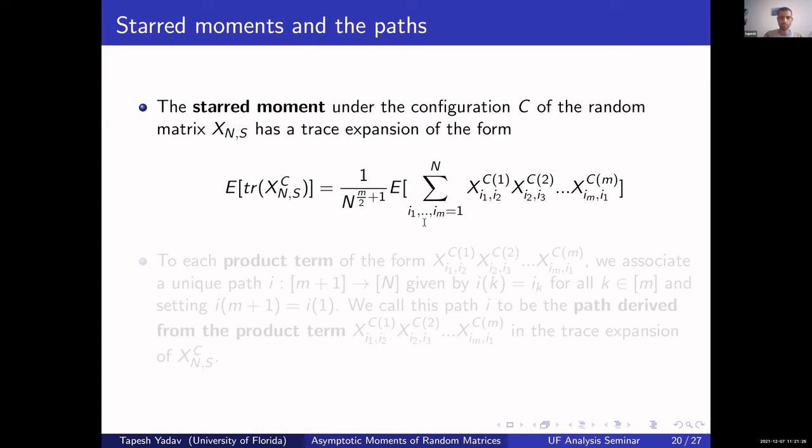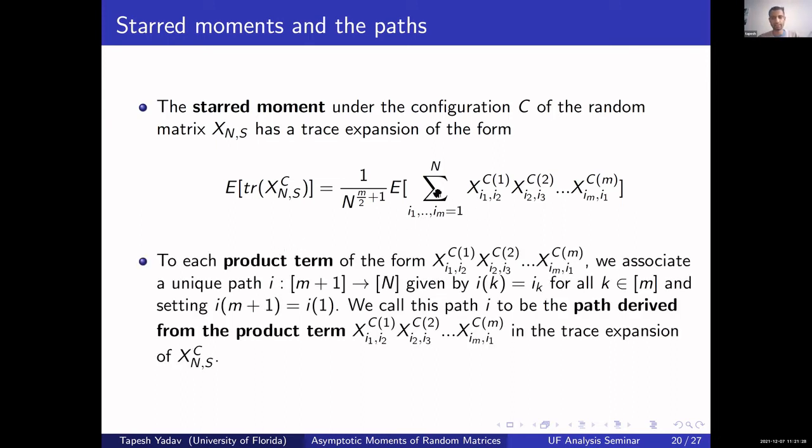So what's beautiful here is that out of each term inside this sum, x_{i1 i2} to the power C1 up to x_{im i1} to the power Cm, we can recover a path, which is obvious from the indices.